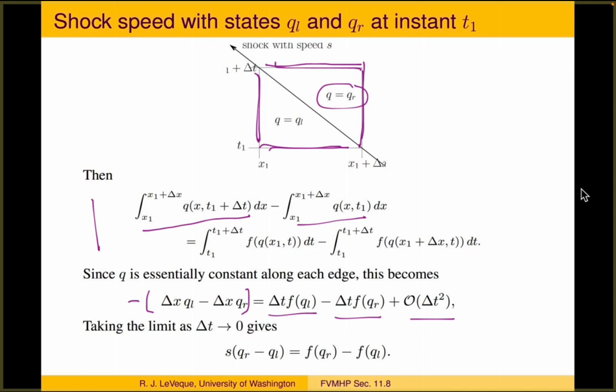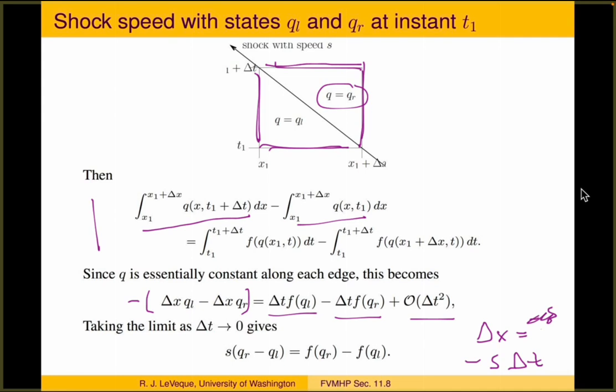Now, if we divide by delta x, or by delta t, I guess, and take the limit as delta t goes to 0, then delta x in this particular figure is really minus s times delta t. All right. Delta x is minus s times delta t, the way I've drawn this figure.